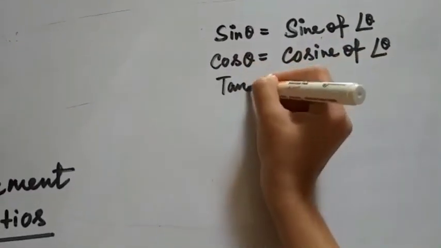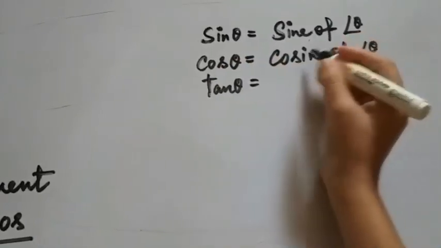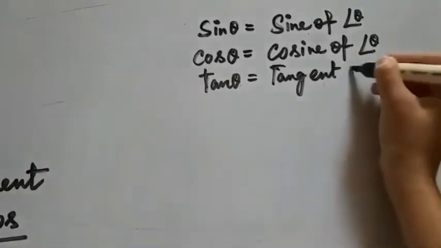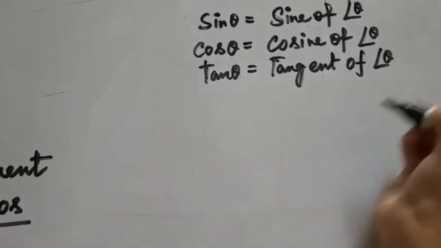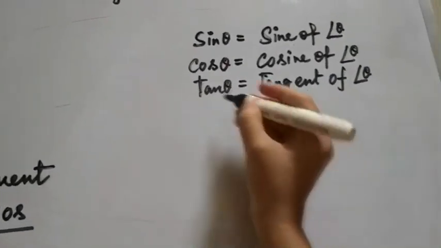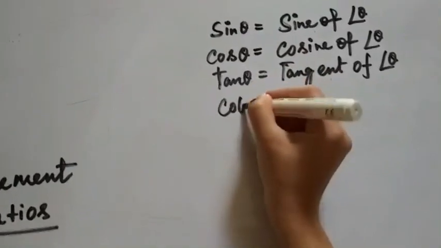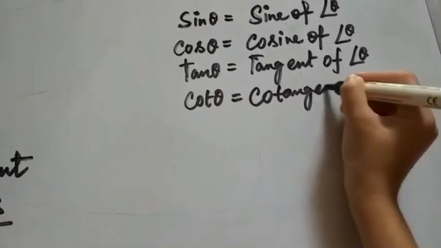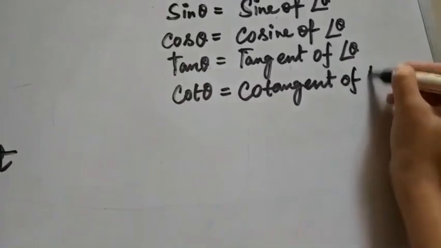Tan theta means tangent of angle theta. After that, cot theta, cotangent of angle theta.